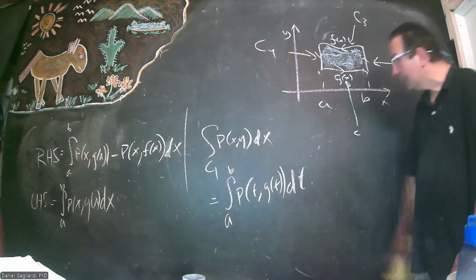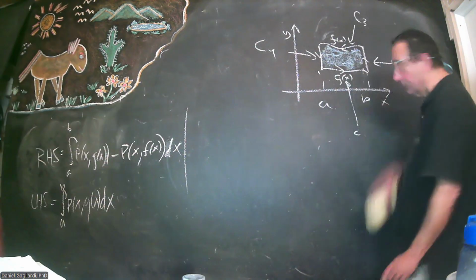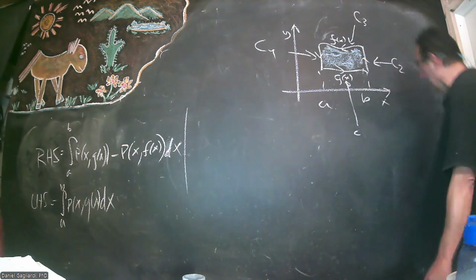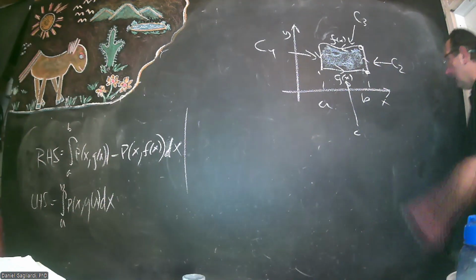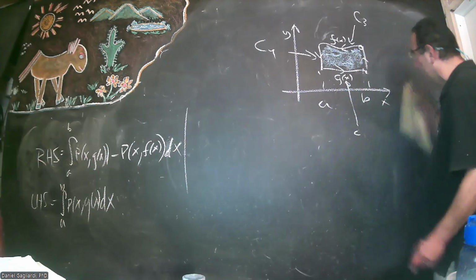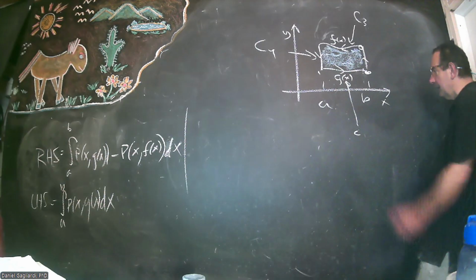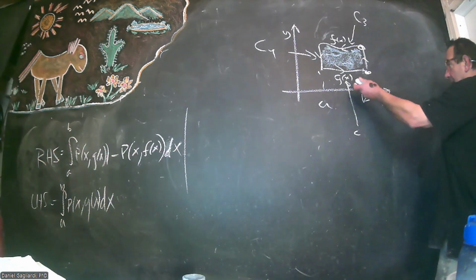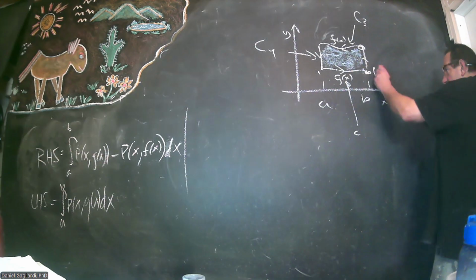Looking good so far. Let's take a look at parametrizing those vertical segments, because something nice is going to happen. If we parametrize the vertical segments, this is a line segment. We can go through all the bells and whistles, but if we were to parametrize this, x is going to be stuck at b.